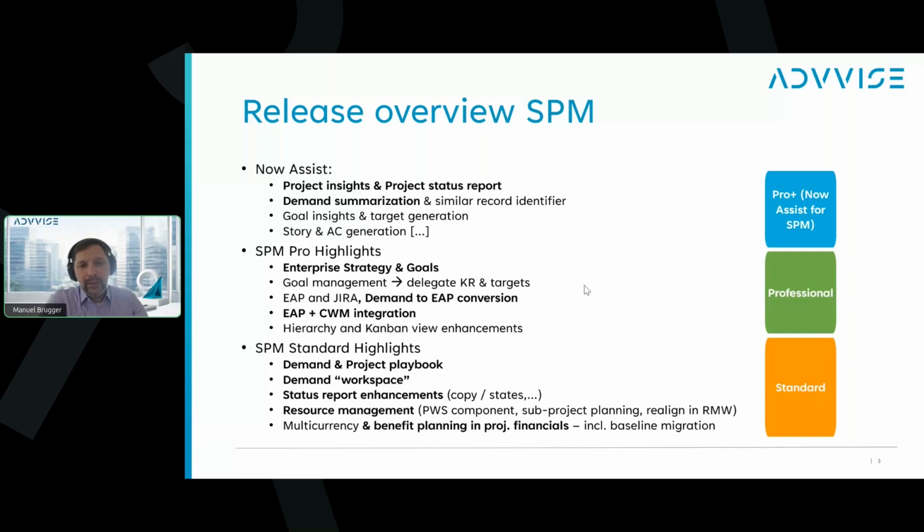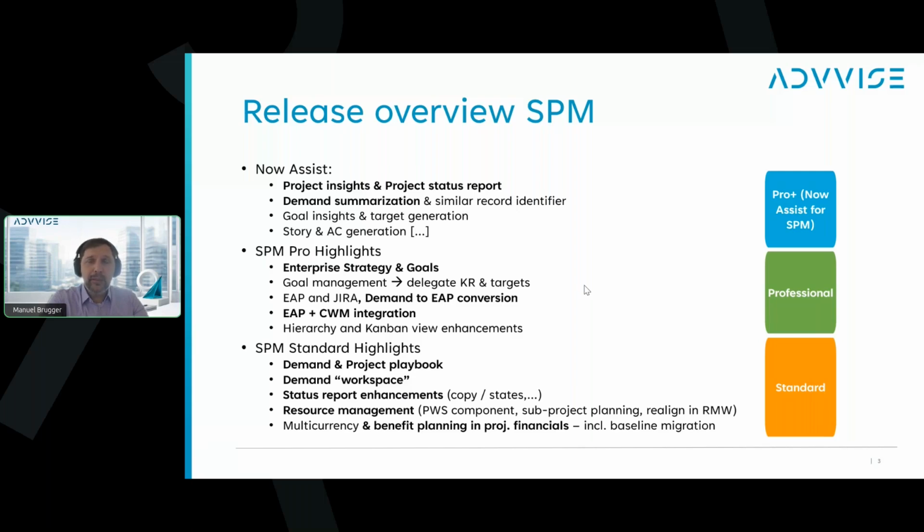Also, there is the possibility to delegate the OKRs and target records, so the key results and target records respectively. Quite a big enhancement when it comes to access, but also to accountability, and it makes this more transparent.